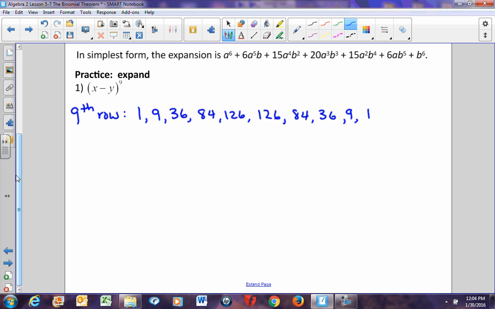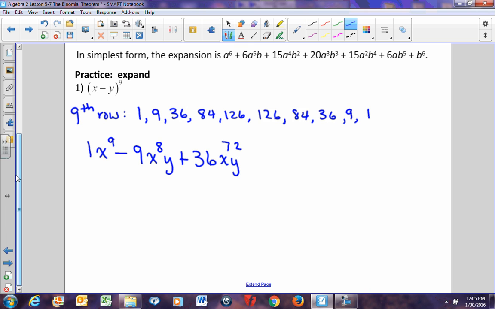So it's going to be 1, X to the 9th power, Y to the 0th power, so I'm going to leave it alone. Minus, because remember what I said, alternate your signs because it's a negative. Now we're going to use 9, X to the 8th, Y to the 1st, because X is going down, Y is going up. Plus 36, X to the 7th, Y squared.